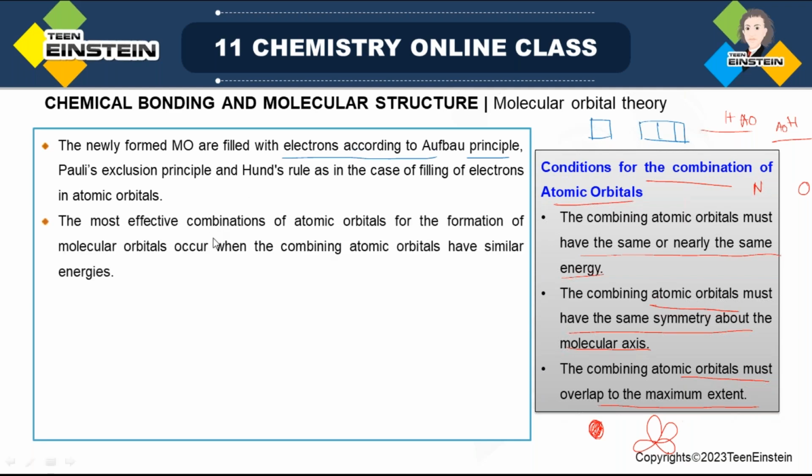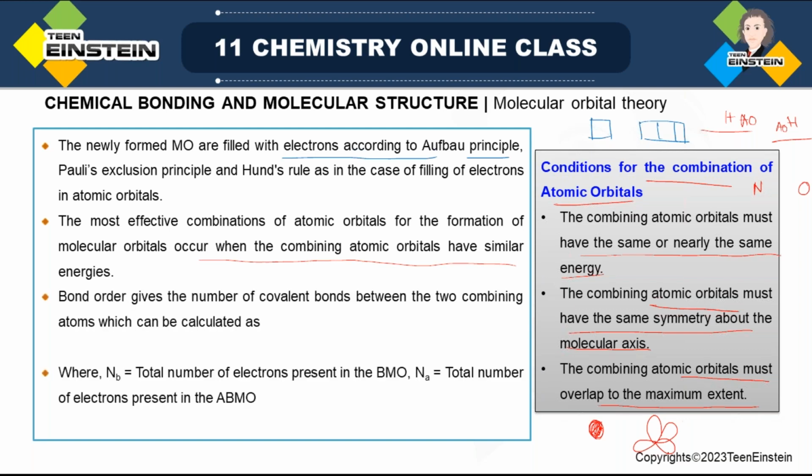So the most effective combinations of atomic orbitals for formation of molecular orbitals occur when the combining atomic orbitals have similar energy. Now there is another term we will use here, though we have already seen it: bond order.